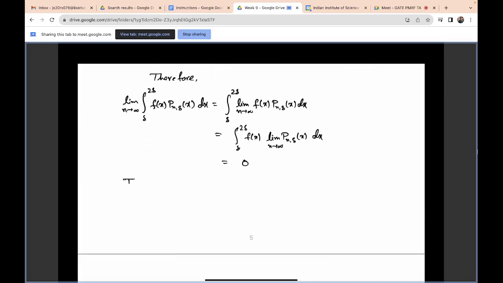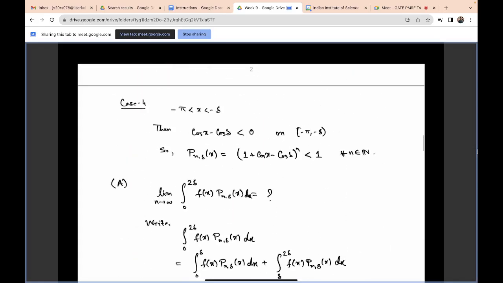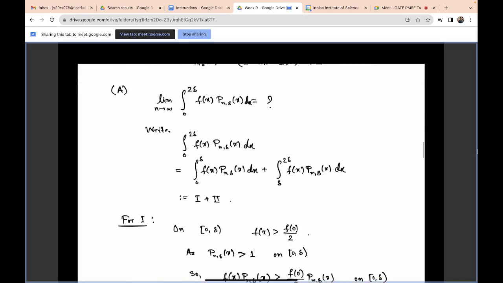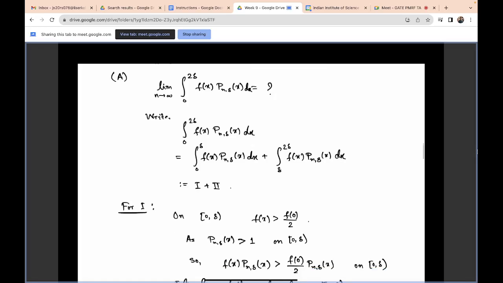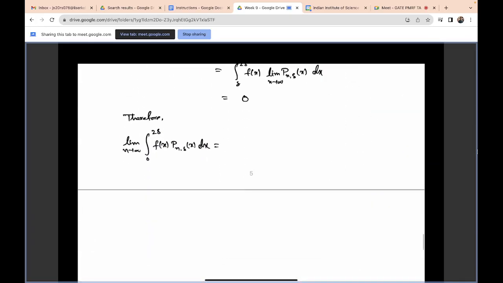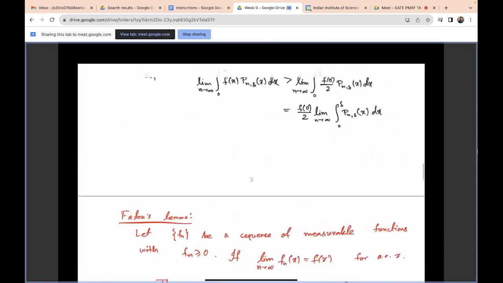We get the limit as n tends to infinity of the integral from 0 to 2 delta of f(x) P_n,delta(x) dx. We have divided into two parts, right? The first part goes to infinity and the second goes to 0. So overall the integral becomes infinity. So the first option, which says it goes to 0, is not correct.